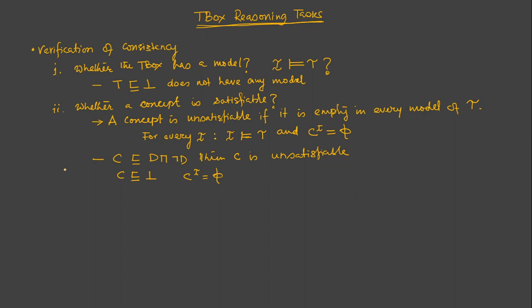Now there are different types of deductions in T boxes, or reasoning tasks. We will be talking about different kinds of reasoning tasks in the T box: T box reasoning types or tasks. The first task, which we have already mentioned a little, is satisfiability.